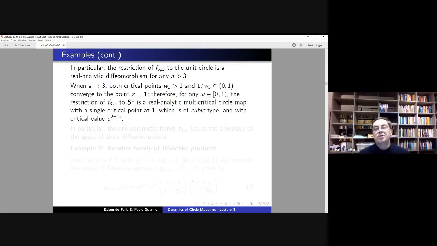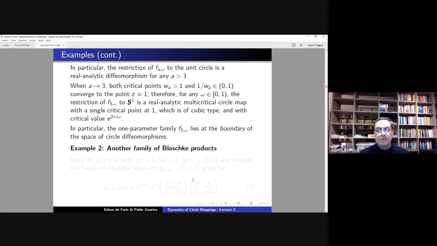So we call it unicritical or simply a critical circle map. The critical value is e to the 2 pi i omega, but that's less important for us right now. These maps f sub 3 omega lie at the boundary of the space of circle diffeomorphisms, so they're actually very close to these maps. There are maps with positive topological entropy, but we are not going to discuss that.